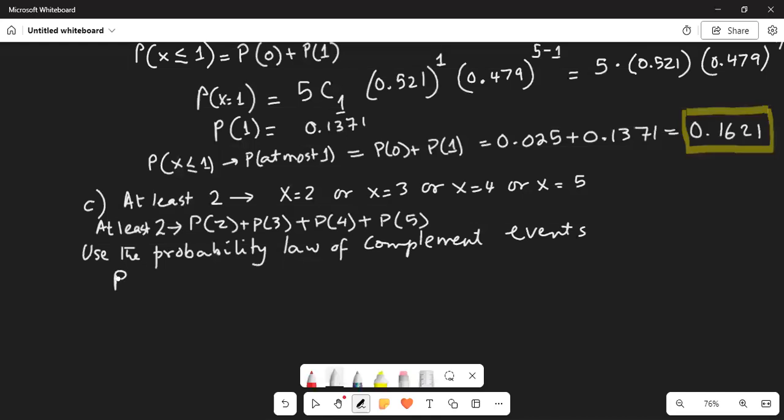So probability of at least 2, or let me correct it by saying, at least 2 is the complement of at most 1.